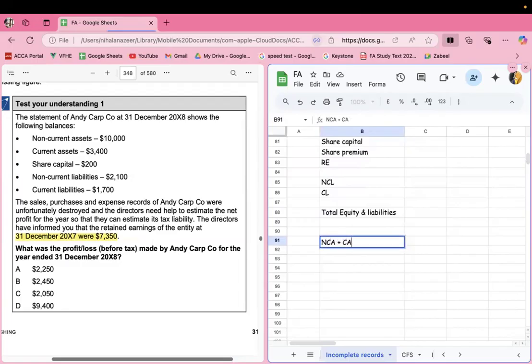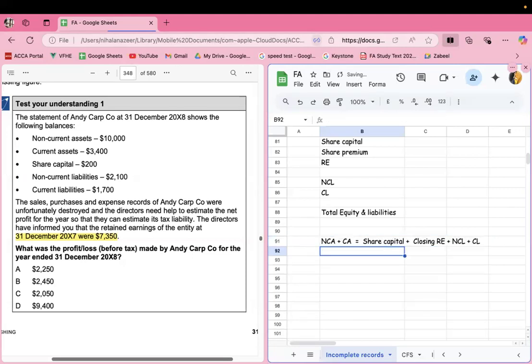That is equal to share capital, plus share premium, if any. In this case, there is no share premium, so we are going to skip it. Plus closing retained earnings plus NCL plus CL.